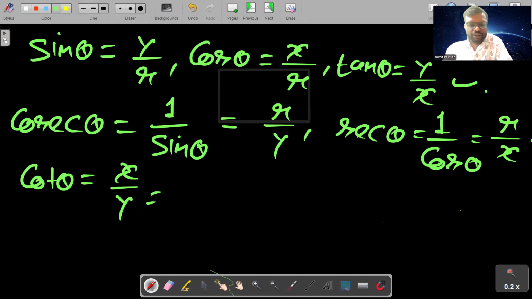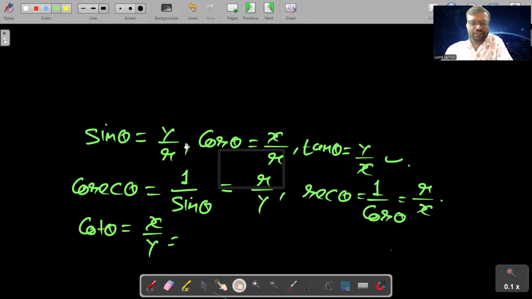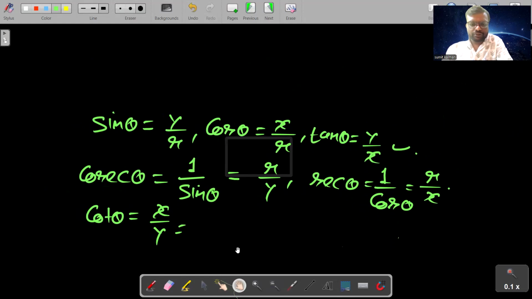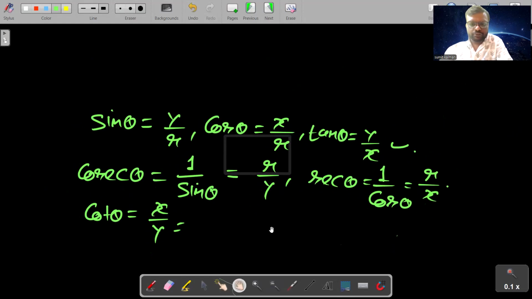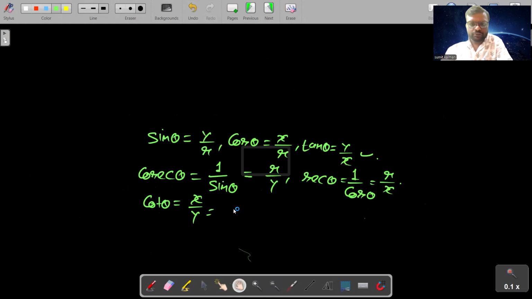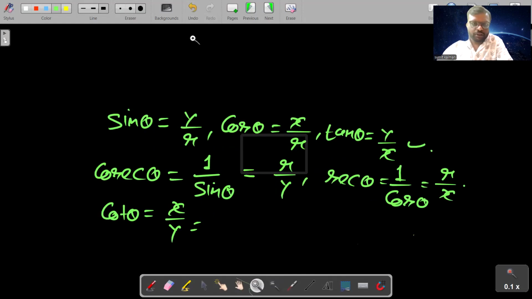Now, students, from these ratios, we can calculate some trigonometric identities, as we all know. So now we will see some trigonometric identities. We will calculate from these ratios. Now, just see.